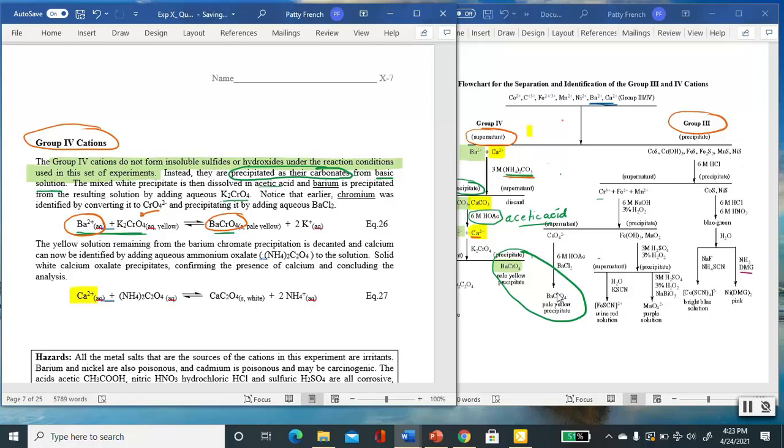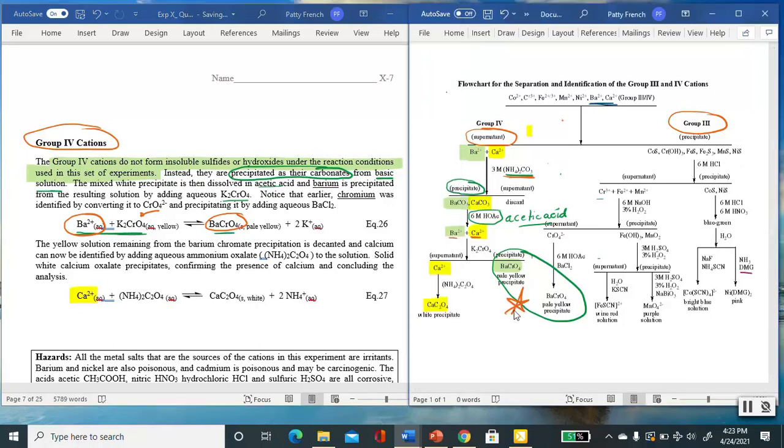Now I want you to notice that this is the exact same substance that we got for an identification for chromium. So we used barium in 2 different ways in this experiment. Once we used barium in order to precipitate out and identify chromium. And once, barium was the cation we were looking for.